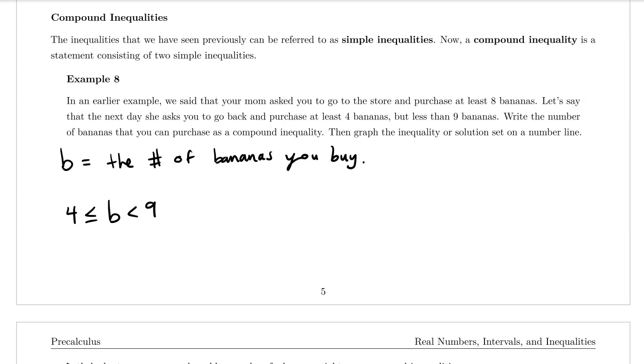And then if we want to graph this on a number line, here is the number 4, here is the number 9, and I would put a closed circle on 4, an open circle on 9, and then shade everything in between. So in theory, I can buy any value of bananas between 4 and 9, including 4 and excluding 9, which means I could buy 5.2 bananas if I wanted to.